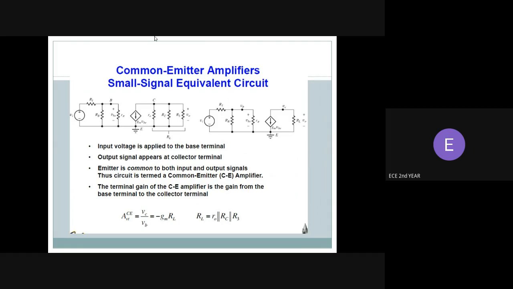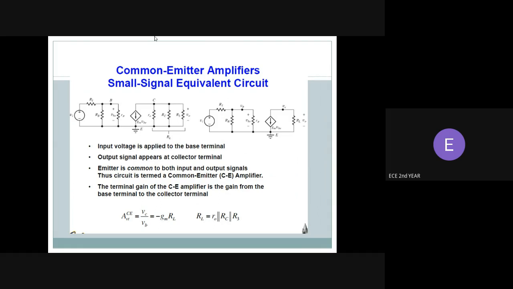In the nearby circuit, R1 and RB have also been seen, and instead of the R naught or RC, it has been replaced by RL, the load resistance. Whenever the output load is considered, it is always indicated as a resistance for the purpose of analysis. Input voltage is applied to the base terminal and output signals appear at the collector terminal.